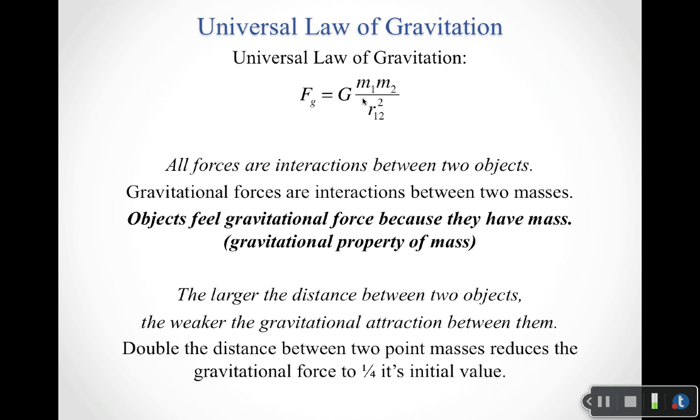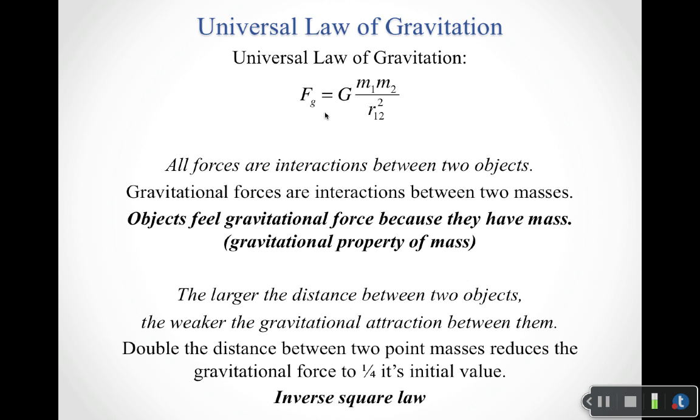Again, this tells us that the larger the distance between the two objects, the weaker the gravitational interaction is between them. If I take the distance between masses 1 and 2 and double it, that factor of 2 gets squared, which means the gravitational force will be one quarter of its initial value.